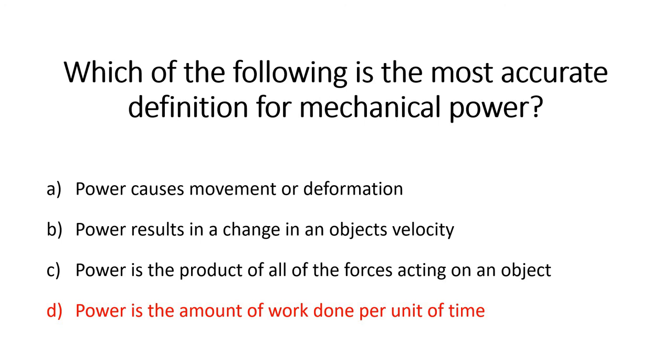If you are able to shift that resistance up and down, so pick it up, lower it down, faster than the person next to you, you have done the same amount of work but over a shorter period of time, therefore you have produced more power. You're the more powerful of the two.